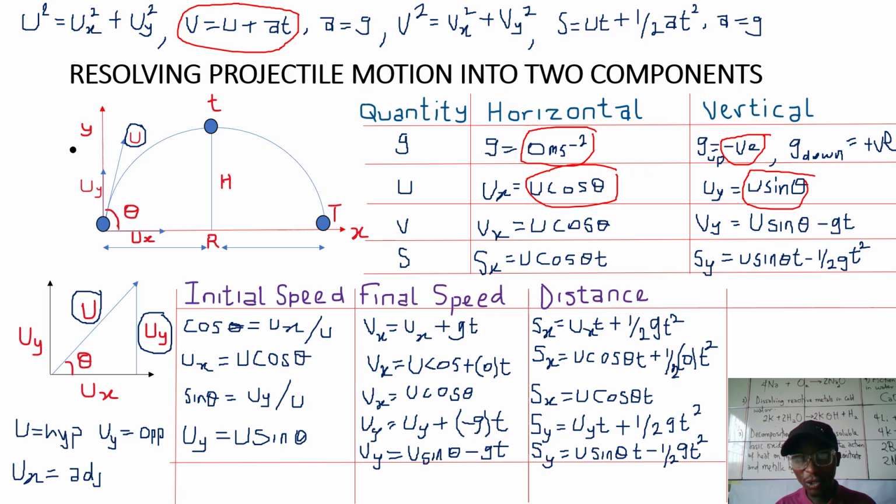So now, as we have gotten the resultant for initial speed u and the resultant for final speed v, we are supposed to get the resultant for our distance too. That is s squared, which will be equal to Sy squared plus Sx squared.